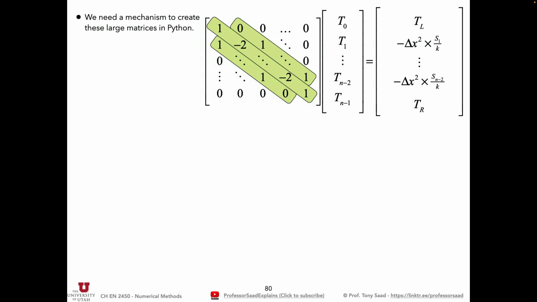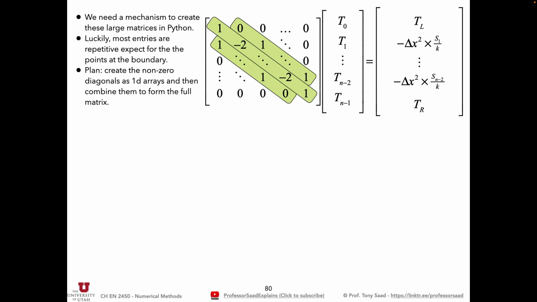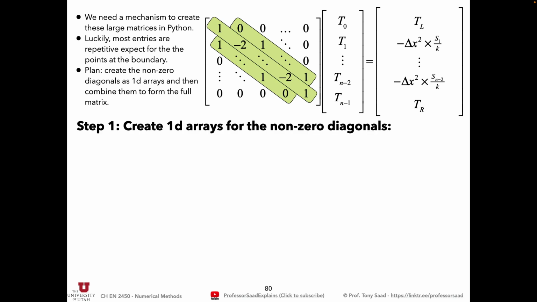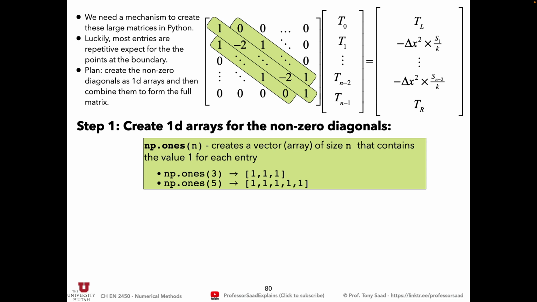So the plan is we're going to take 1D arrays for the non-zero diagonals, like numpy.ones, and fix the edges on those arrays and then put them together in a matrix. So step one is we build the 1D arrays for the non-zero diagonals. np.ones creates an array of size n that contains the value 1 for each entry.